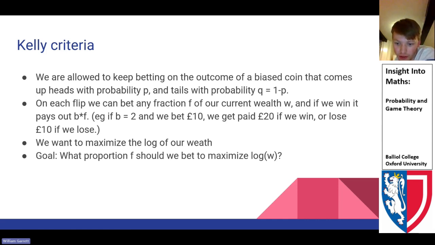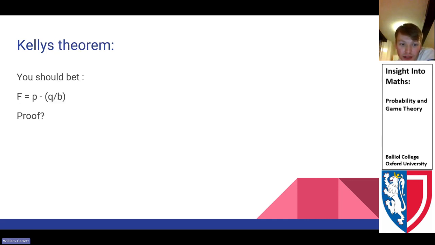Okay, I'm getting some yeses. People are a little bit confused. I think it will be clear when we are going through the calculation. What we're going to derive is Kelly's criterion, that the optimal amount to bet is this quantity, which is (P minus Q) over B. Remember, B is the odds, Q is the probability of tails, P is the probability of heads.